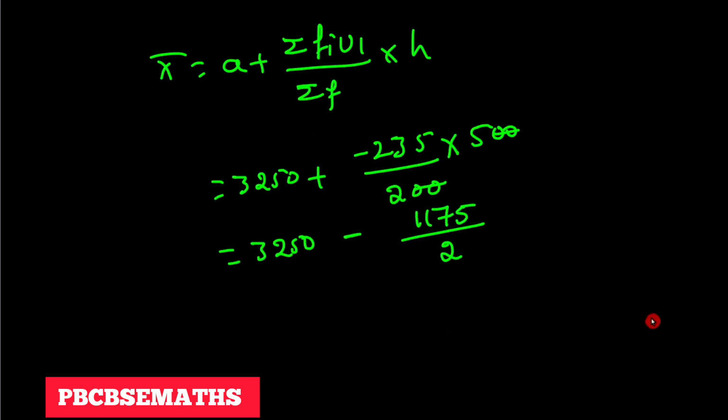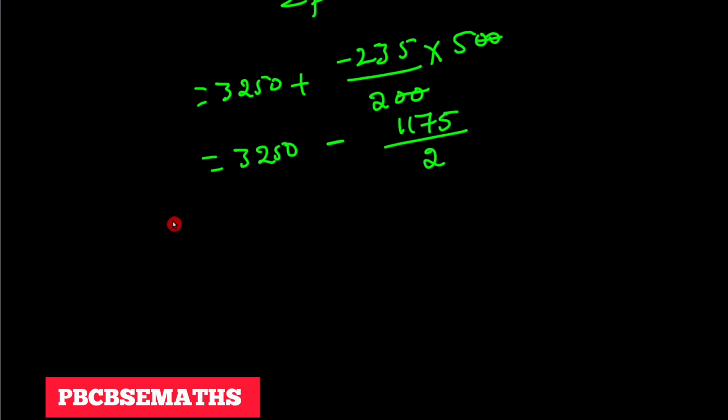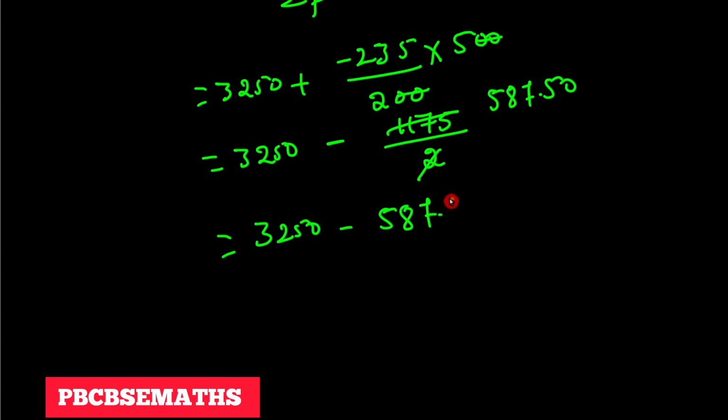Now let's cancel 1175 by this 2. Then we are going to get 587.50. So 3250 minus 587.50 gives us 2662.5.